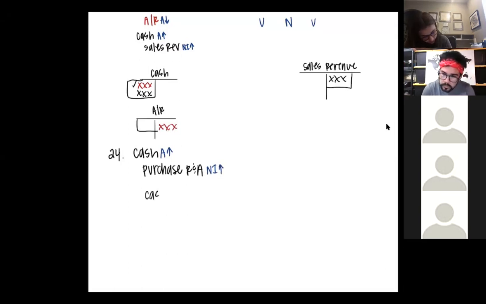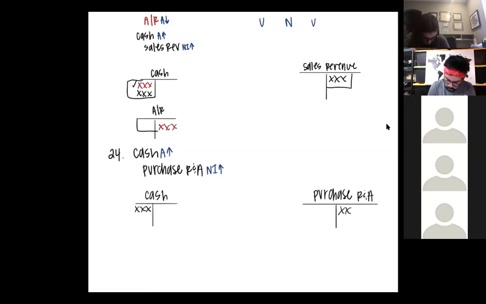So if our cash was never increased, our assets are understated and there's no liabilities in this case. And if our purchase returns and allowances were never recorded and they increase our net income, then our net income was understated.